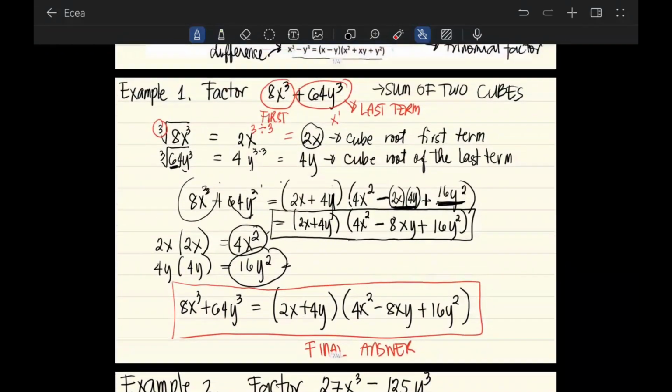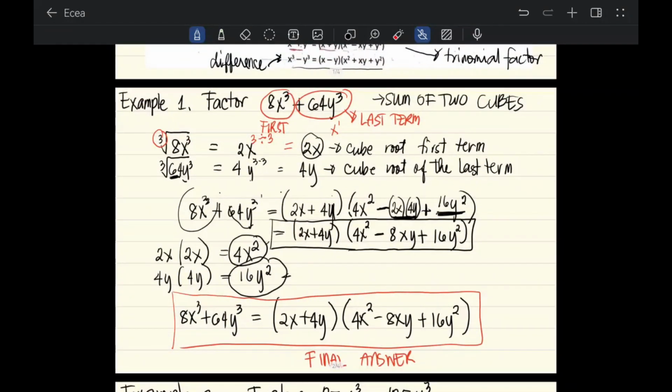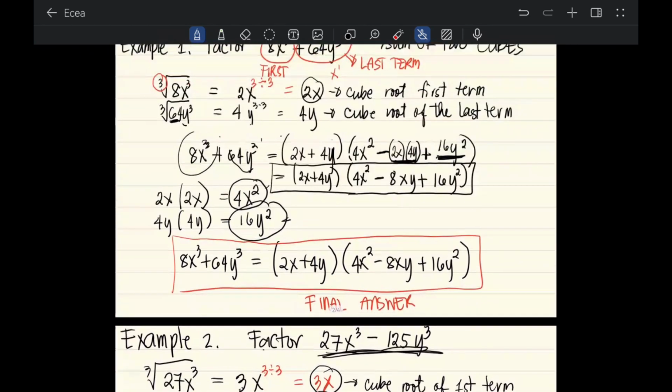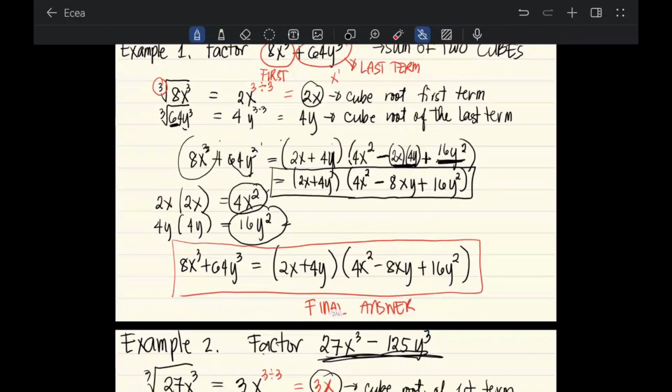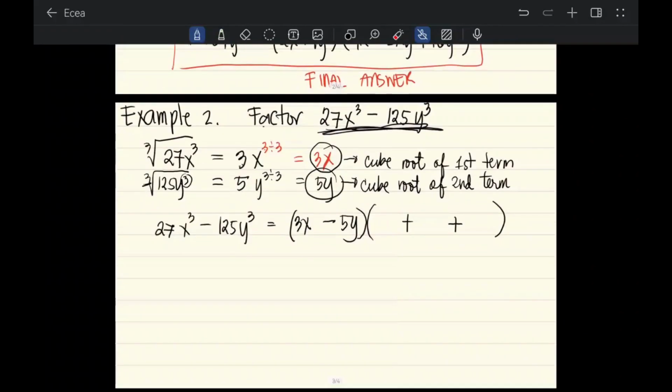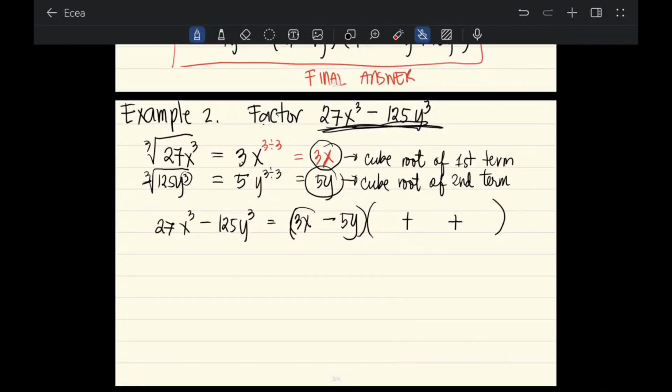Okay. Now, since we have the cube roots, we write it here: 3x minus 5y. And after that, we need to get the squares of the first and last terms of our binomial factor.